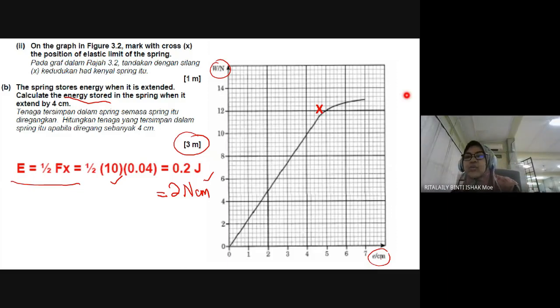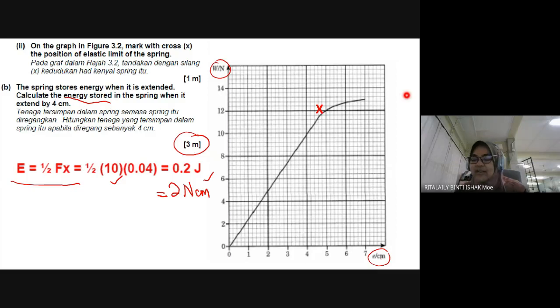What do you think will be the graph? What is different between this graph? Which part is different? Will the gradient be bigger or smaller? Dia akan lebih stiff or lebih landai? Lebih steep or lebih landai, maka stiff.